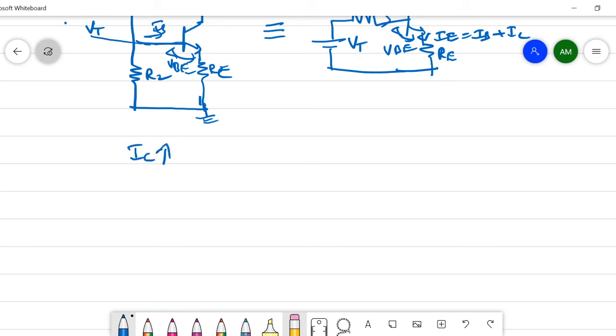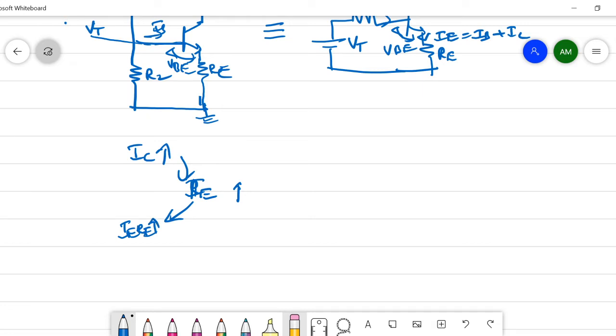So IE is increased. When IE is increased, the voltage drop across RE, that is IE RE, is also increased here.